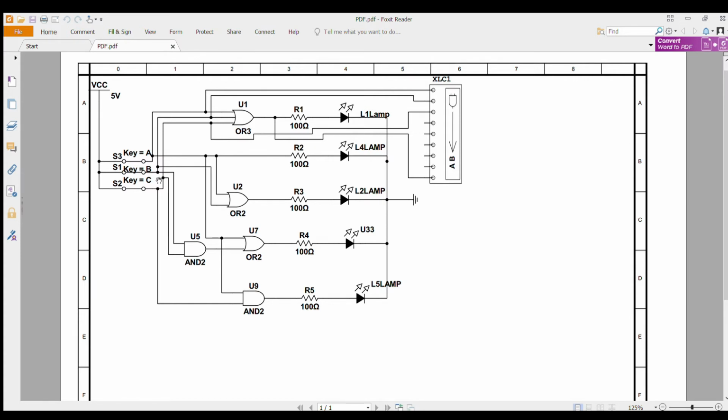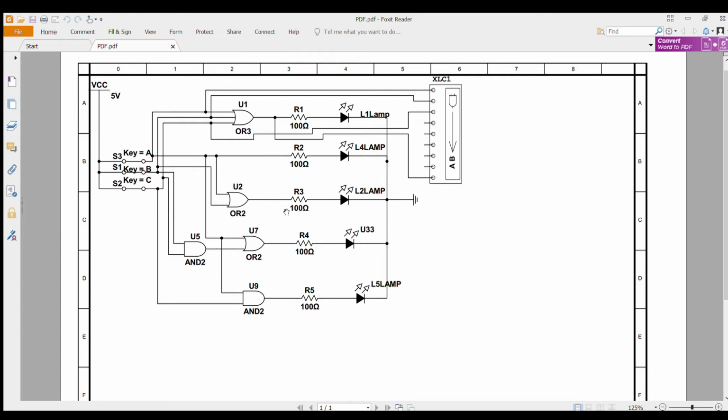For the second LED, here's L2, we have A plus B from the Boolean expression. A and B, to make it plus, we use an OR gate. Here we will have A plus B, and that is L2. But also we connect a resistor to save the LED.